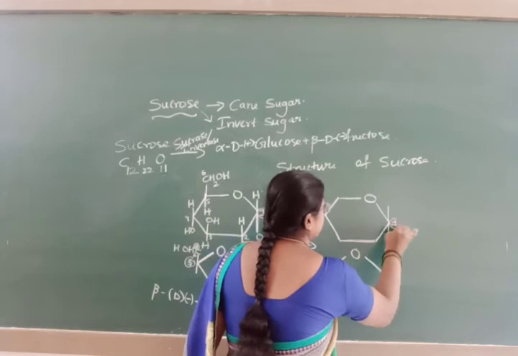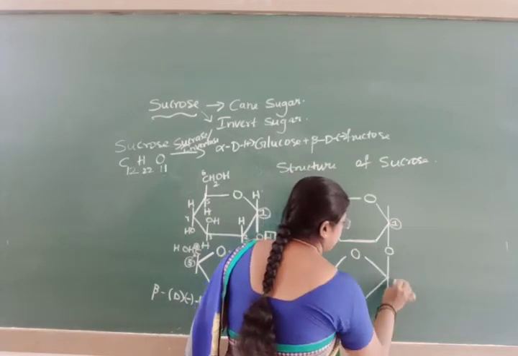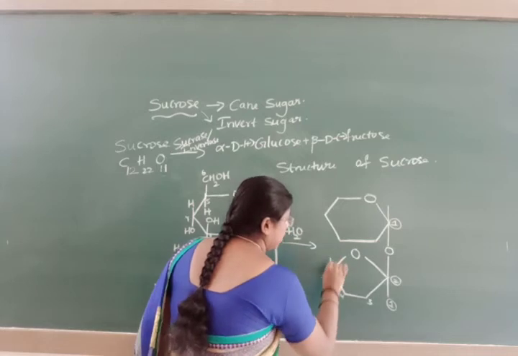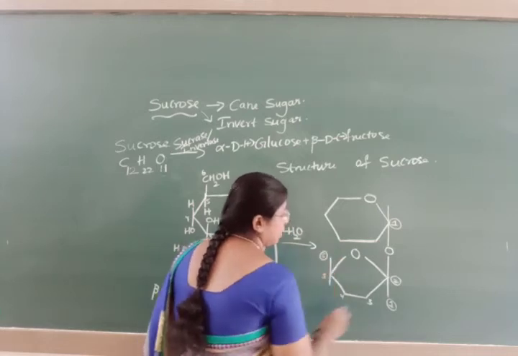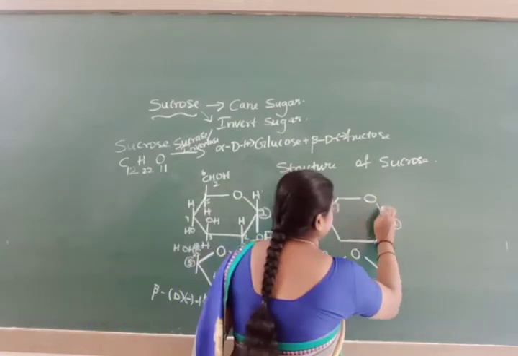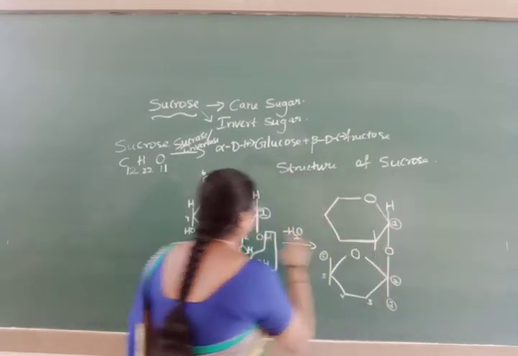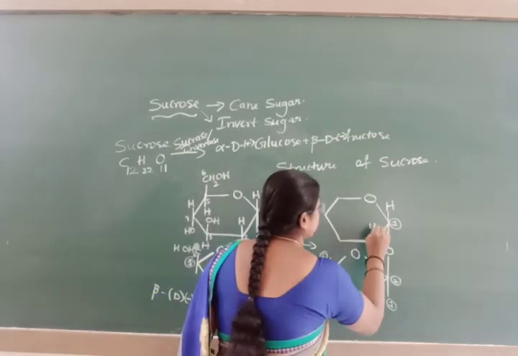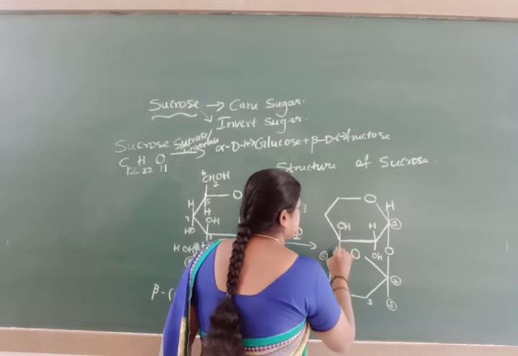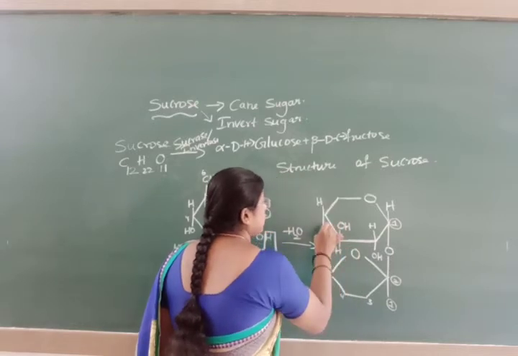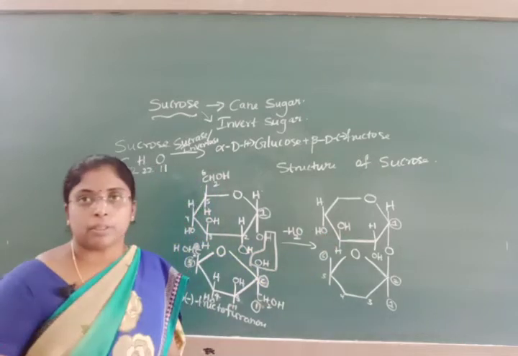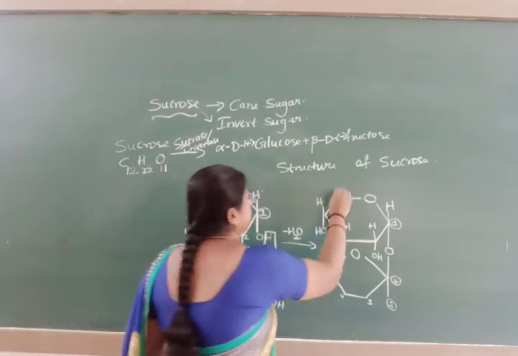This is the first carbon atom, and this is the second, third, fourth, fifth, and here comes the sixth. First carbon atom has H. Second carbon atom H, OH. Third we represent OH, H. Fourth is H, OH. While writing, remember the bond should be attached to the oxygen, not to the hydrogen or in between.